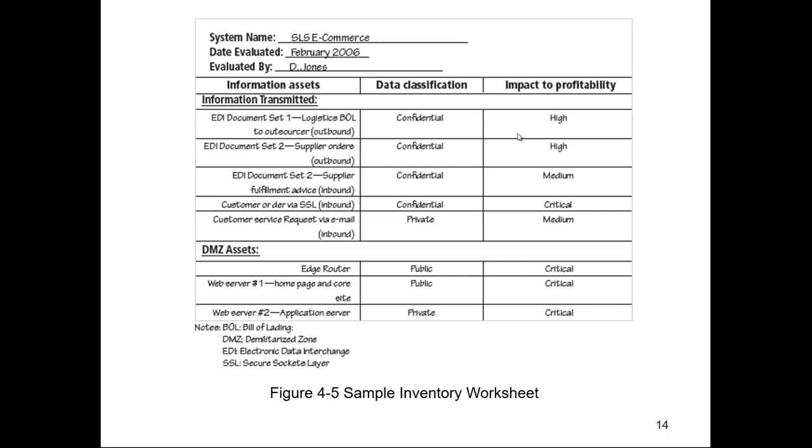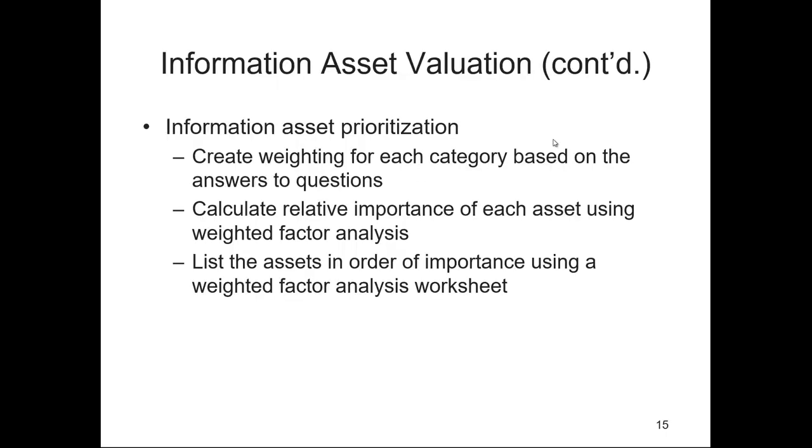This slide shows an example of a form or a document that can be used to classify data and assign priorities. In order to finalize this step of the information assets identification process, each organization should create a weighing for each category, like weights for the different categories based on the answer to the previous questions.